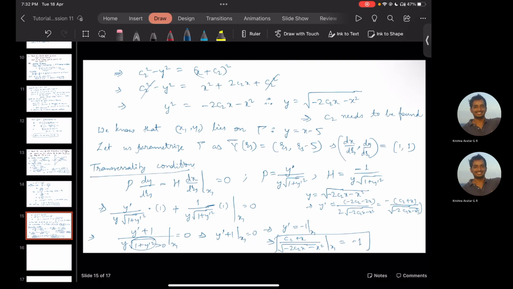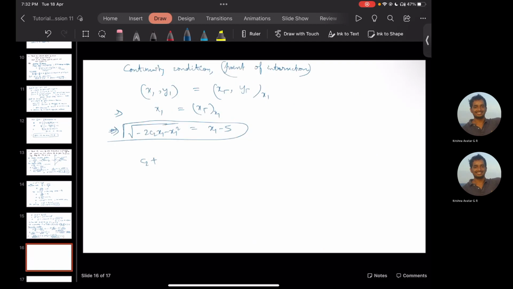Now what we see from the equation that we had just derived is that c2 plus x1 divided by root over minus 2c2 x1 minus x1 squared is equal to x1 minus 5, is it not? And this is equal to 1. The term in the denominator is x1 minus 5, so c2 plus x1 divided by x1 minus 5 is equal to 1. So this means that c2 plus x1 is equal to x1 minus 5. x1 cancels out, so c2 is equal to minus 5, is it not?